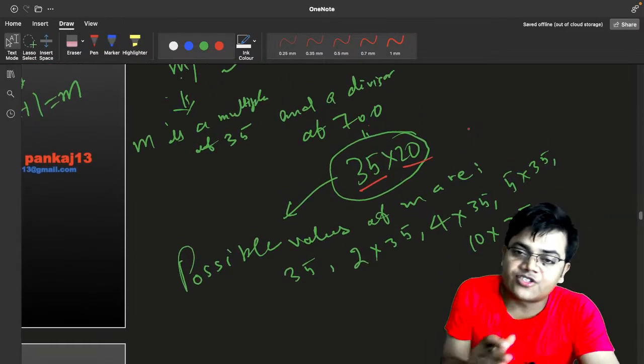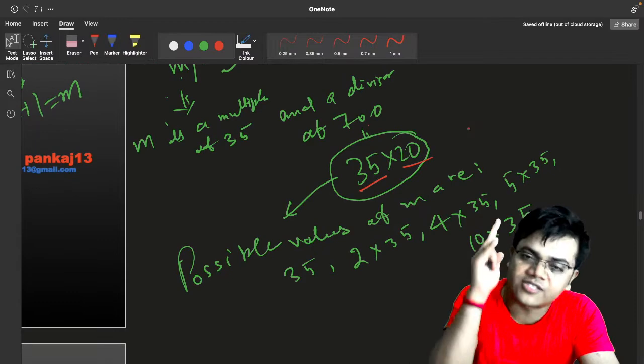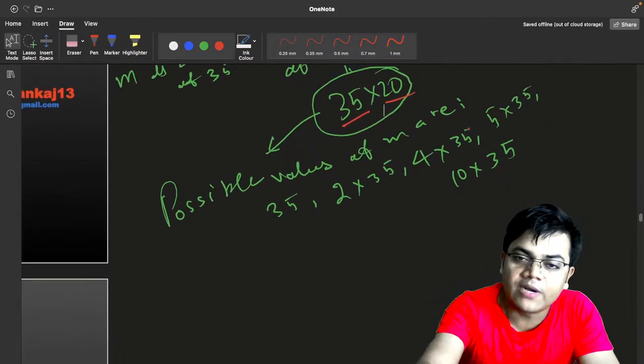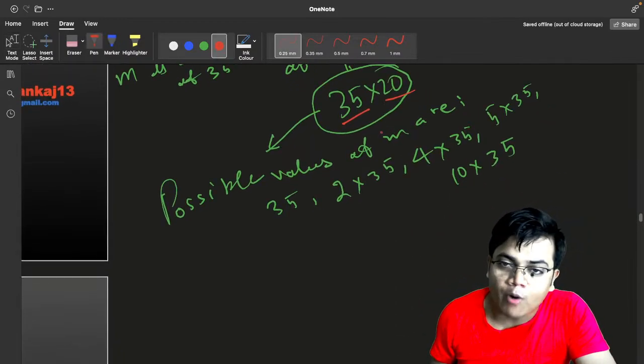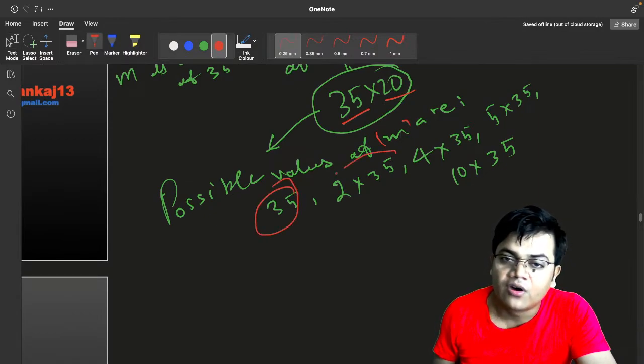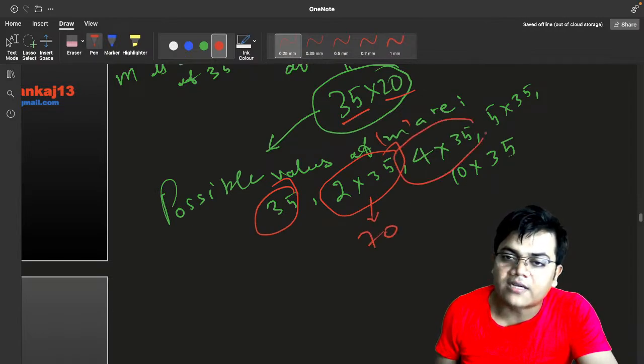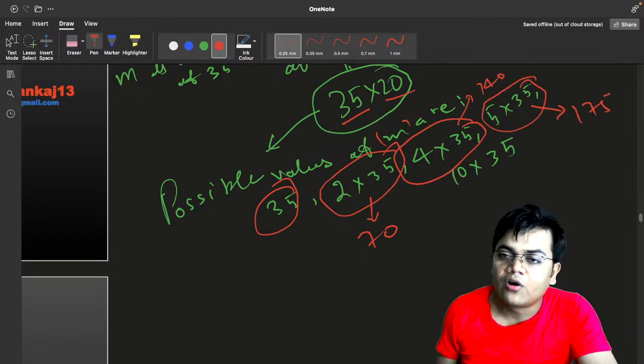By considering those two conditions simultaneously, we will be able to say that the possible values of M will be either 35, or 70, or 70 into 2, so 140, or 175, or 350.